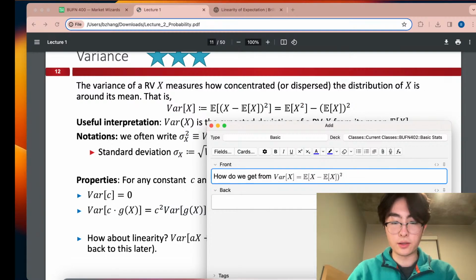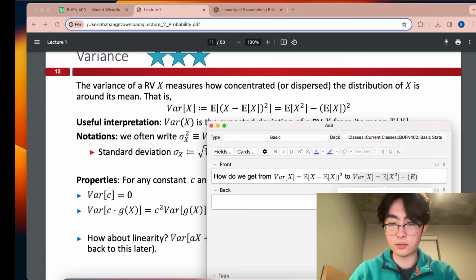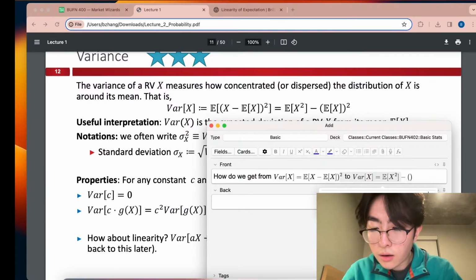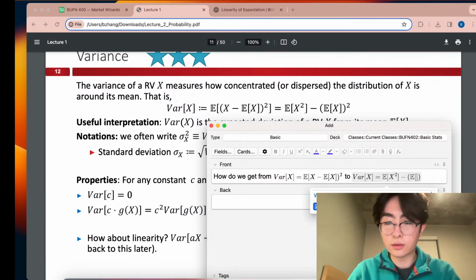So how do we get from this to the expectation of x squared minus the expectation of x, squared?